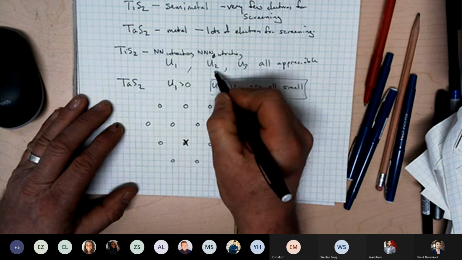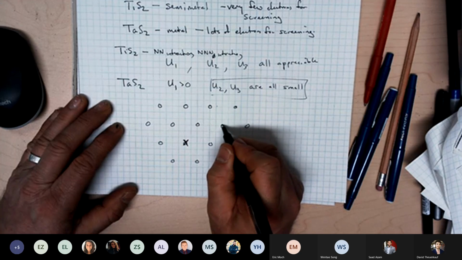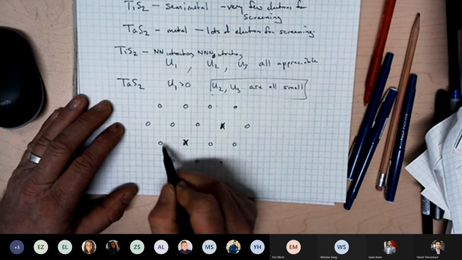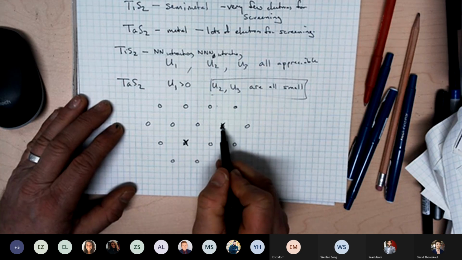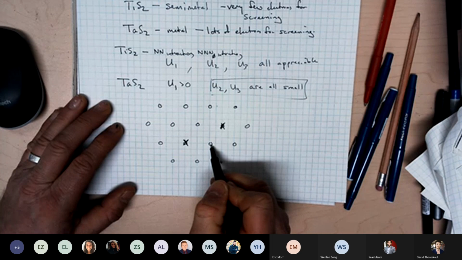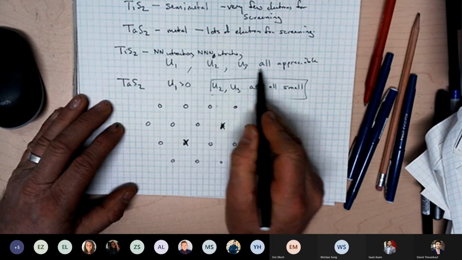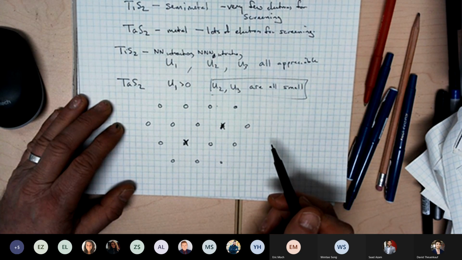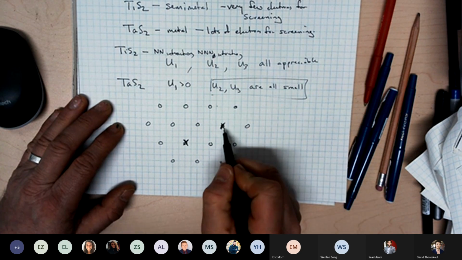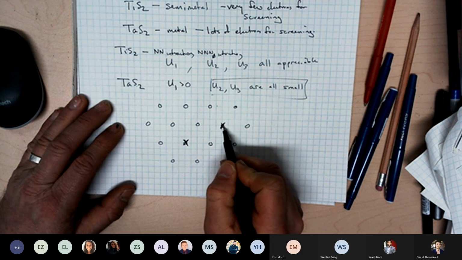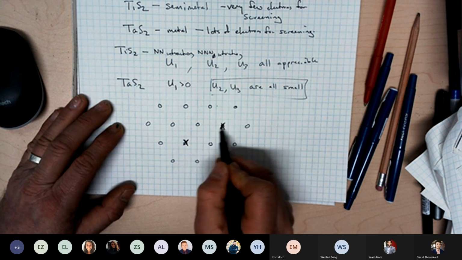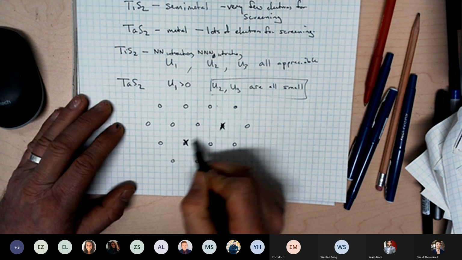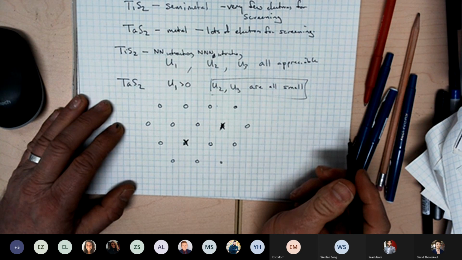But if you also have a strong second neighbor interaction, and you were to put a lithium on the second neighbor site, if that interaction is just about the same as the first neighbor interaction, well, then there's no difference putting the lithium in the second neighbor or the first neighbor. So if these interactions are all appreciable, it's going to drive you to a random configuration of the lithiums. Whereas if the second neighbor is very small, then there's a good reason to put the lithium here, because you avoid all these first neighbors and you don't pay anything for a second neighbor, right?